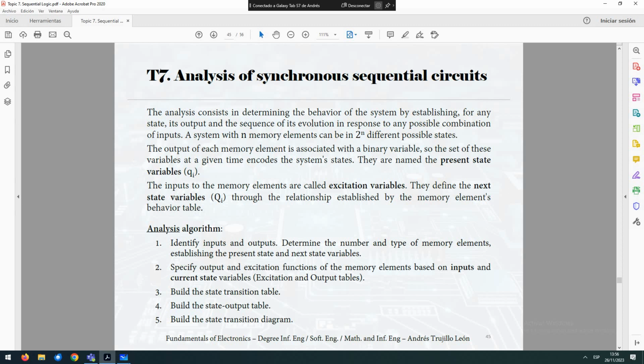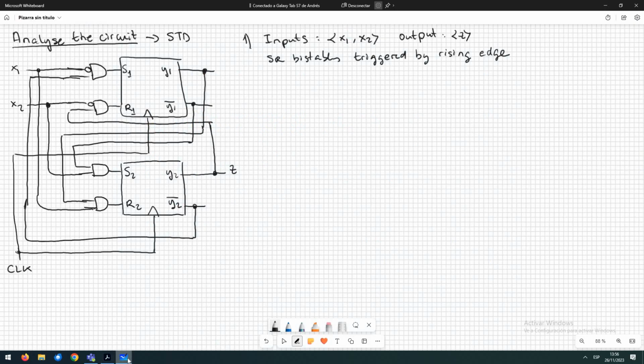So we have to obtain this function here, the output, and we have to calculate this. You remember that we obtained this from the excitation table. It was the last stage of the design of a sequential circuit. So remember that we are doing the steps in the opposite order.